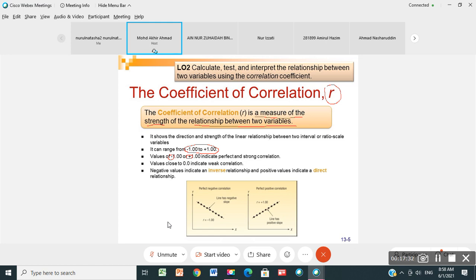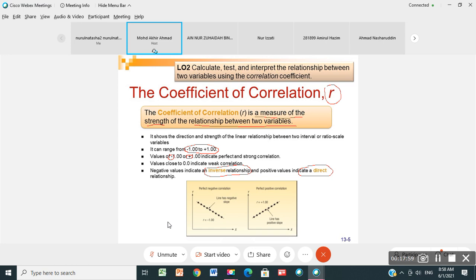The minus symbol means inverse relationship. In case we have the minus, then the plus is called a direct relationship.